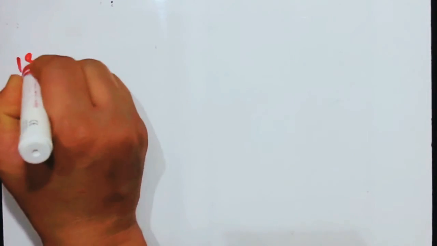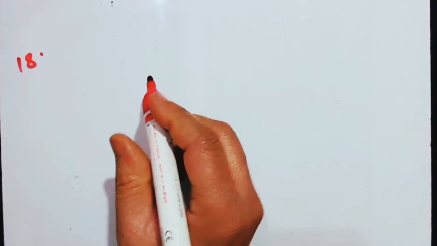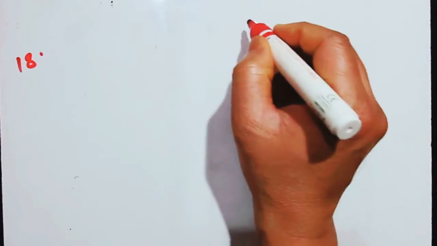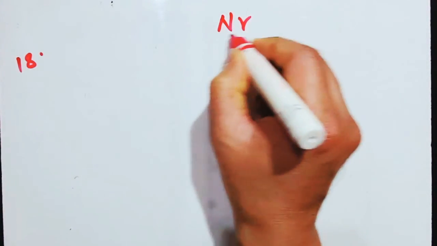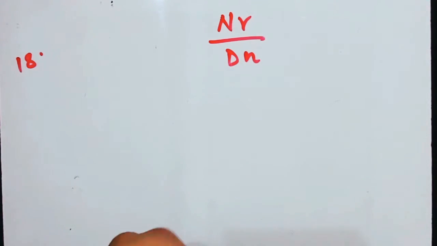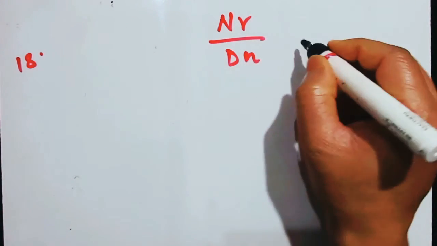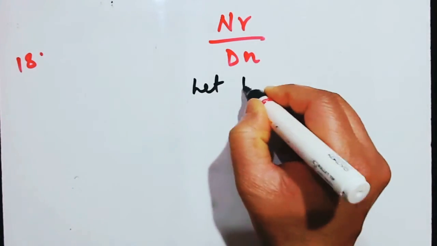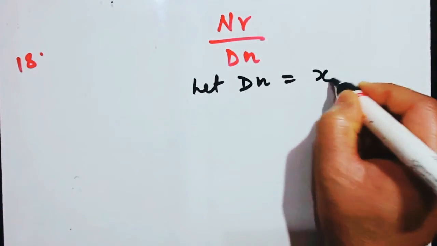Number 18 says the numerator of a fraction. So fraction means I have a numerator and I have a denominator also. Great. So the numerator of a fraction is 4 less than the denominator. So let the denominator be equal to x. I do not know.